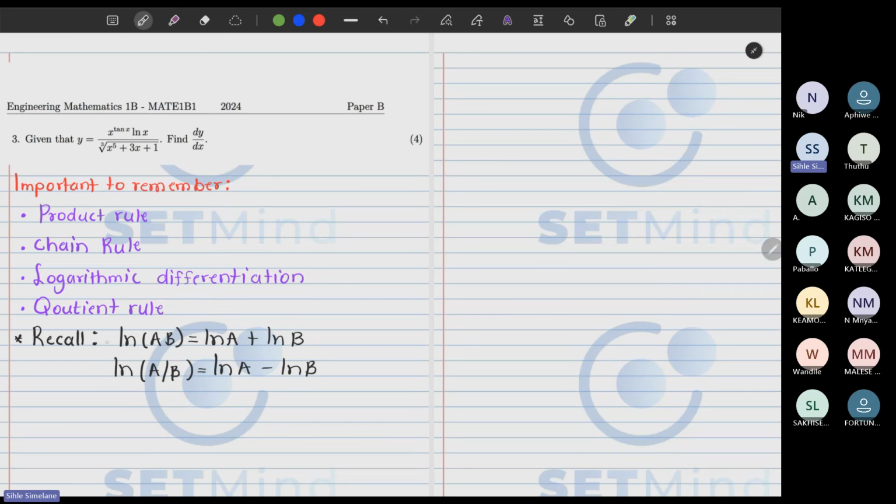Then there's another rule that I need you guys to remember, which is ln of A to the power of B. Anyone who remembers what this is equal to? What is ln of A to the power of B?